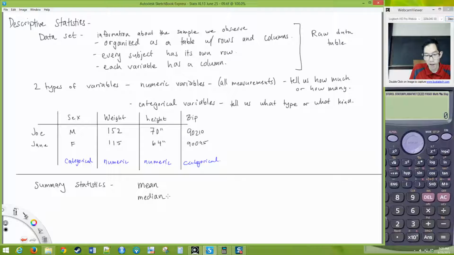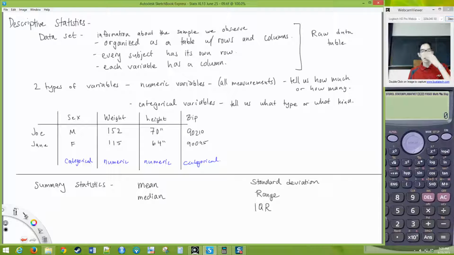Okay? So the mean and the median are summary statistics. Also things like the standard deviation, and we'll get into all of these, okay? Standard deviation, the range, the IQR, these are all summary statistics, okay?